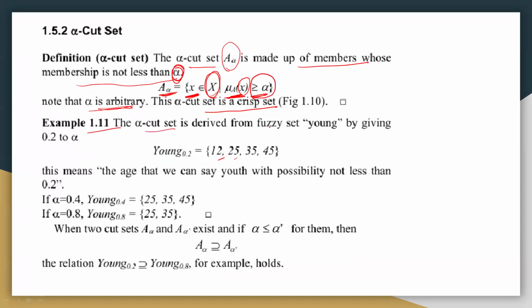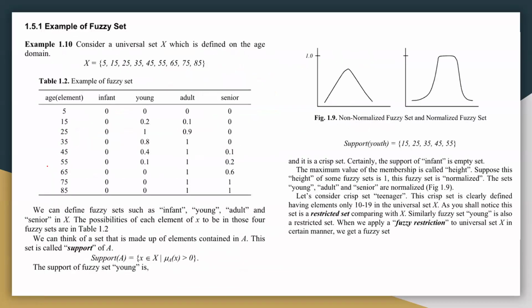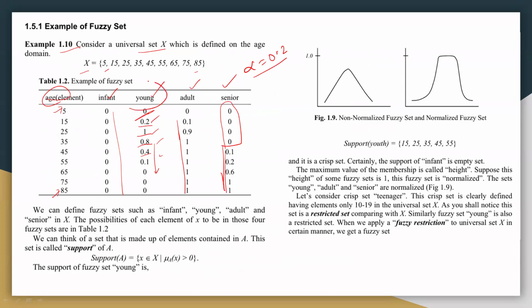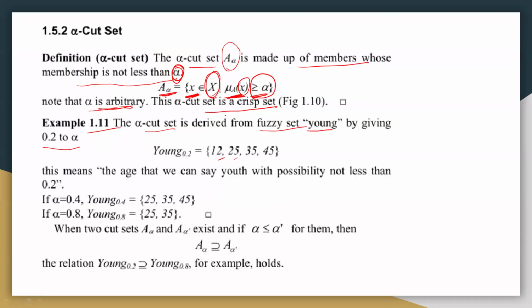The alpha cut is derived from the fuzzy set young by giving 0.2 to alpha. Suppose I give a value 0.2. You know there are many fuzzy values here. Now I want to find the alpha cut of the fuzzy set young. What is the definition of alpha cut?